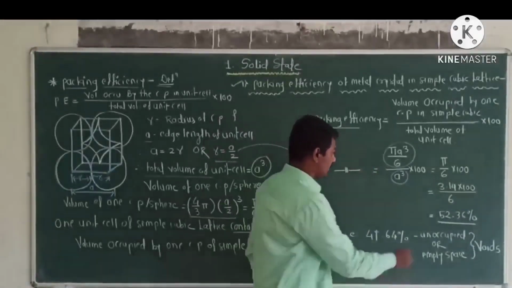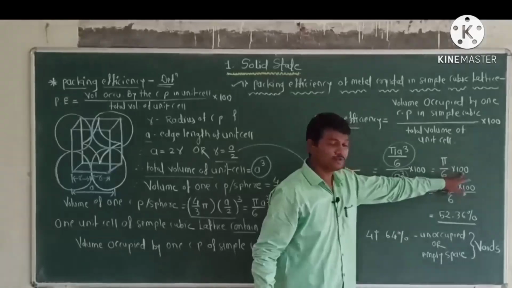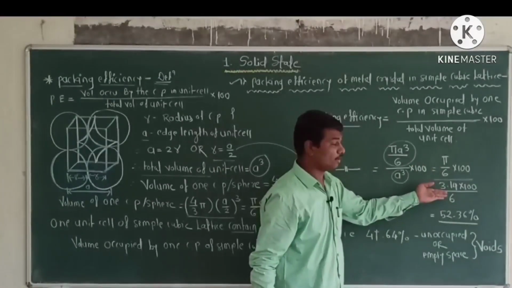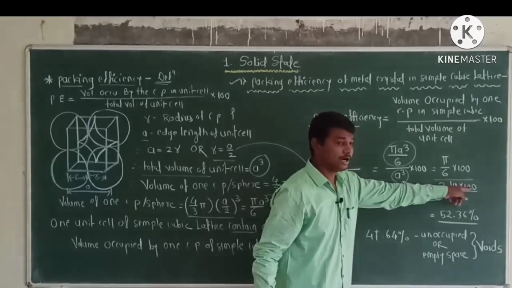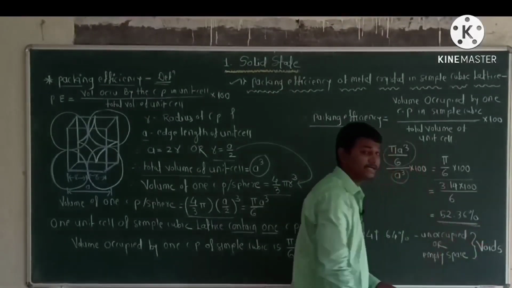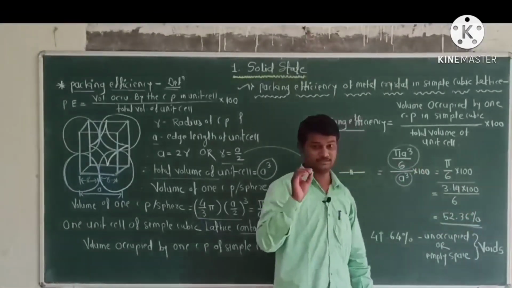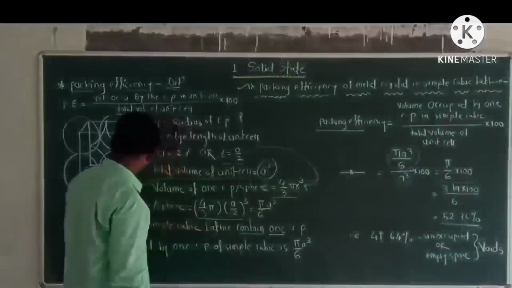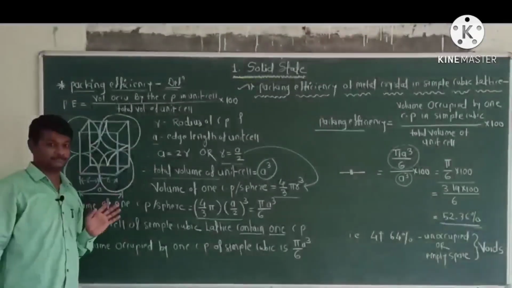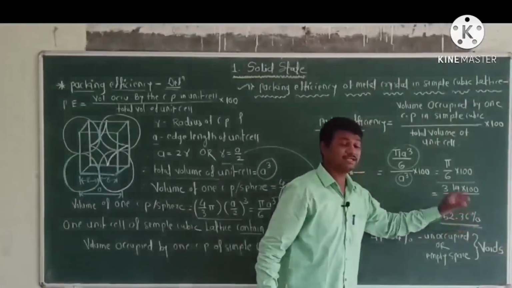Solve this equation, we get the new equation pi upon 6 into 100. We know that the value of pi is 3.14, so 3.14 into 100 divided by 6. Solving this, we get the value 52.36%. Hence in a simple cubic, the constituent particle occupies 52.36% of the space.